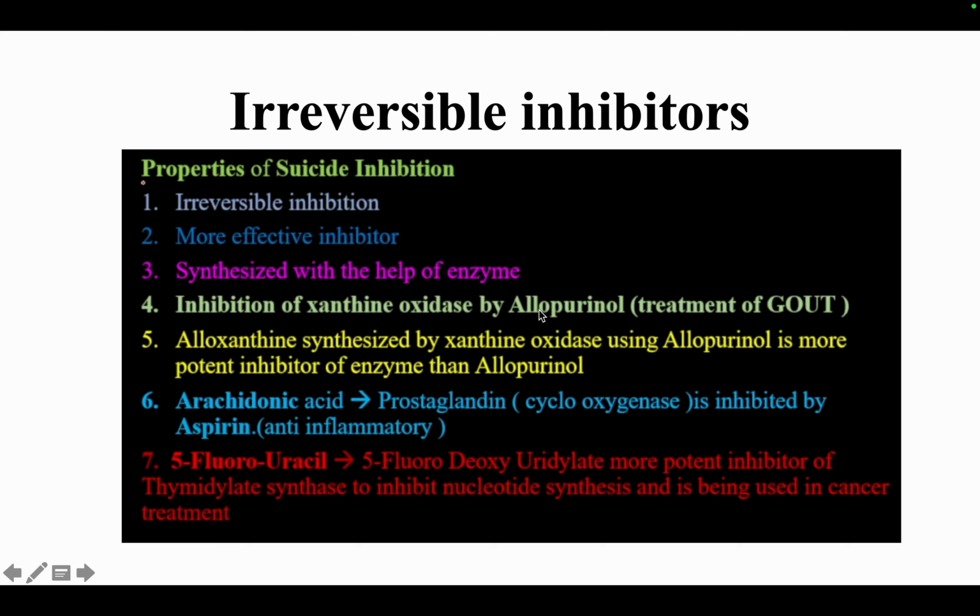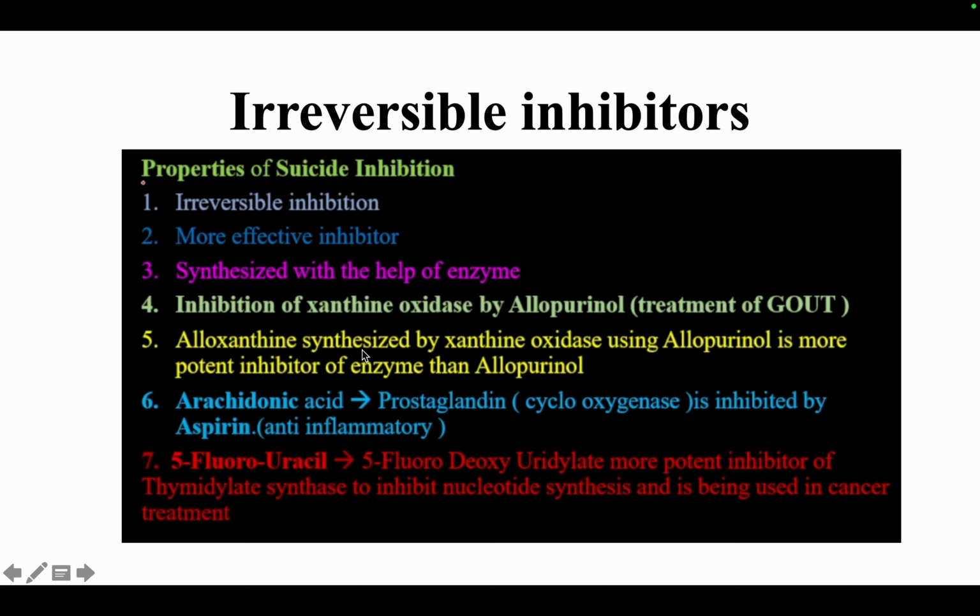So this inhibition of xanthine oxidase by allopurinol, and this allopurinol is used for the treatment of gout.